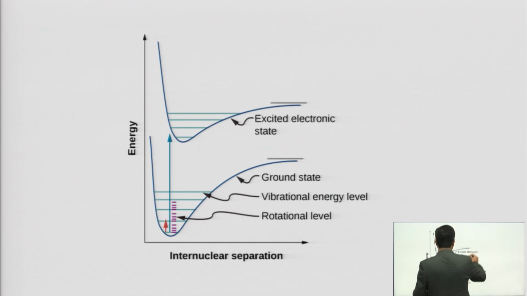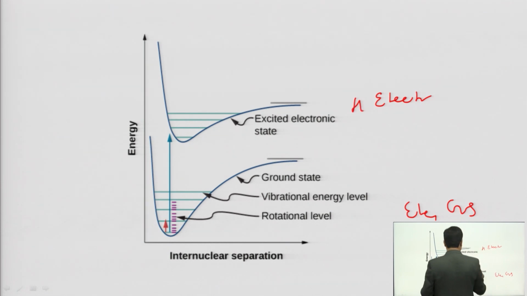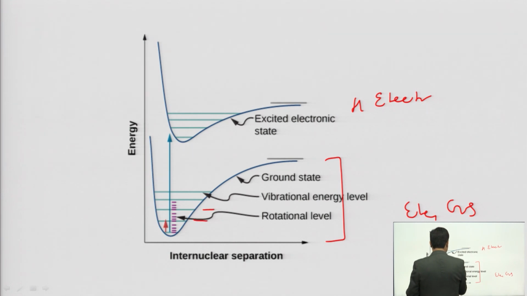So, here in the blue you can see the electronic energy levels. This is the ground state electronic level, this is the upper, higher state, and each electronic energy level further has several vibration energy levels, and each vibration level further has several rotational energy levels.